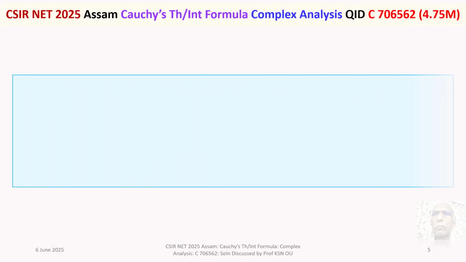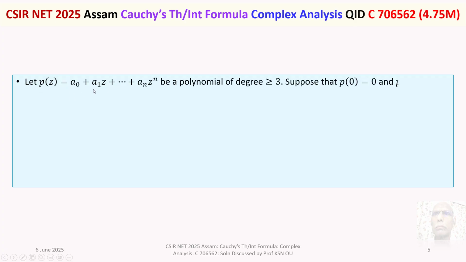Right. The given question is: let P of Z is equal to A0 plus A1Z plus etc. plus AN Z power N be a polynomial of degree greater than or equal to 3. Suppose that P at 0 is 0 and P prime at 0 is not equal to 0.